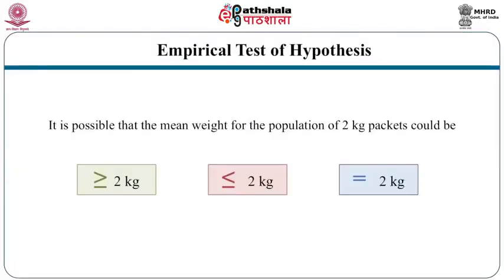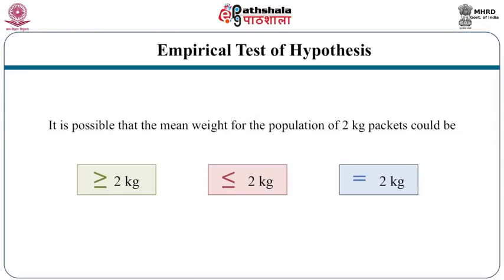Say if there are 100 packets of 2 kg each, they may take some 10 packets and weigh them to see whether they are 2 kg or less than 2 kg. If it is less than 2 kg, then they will test a hypothesis based on certain probabilities. They will reject the hypothesis that it is equal to 2 kg, and then the shopkeeper may be punished. This is basically discussed in this slide.